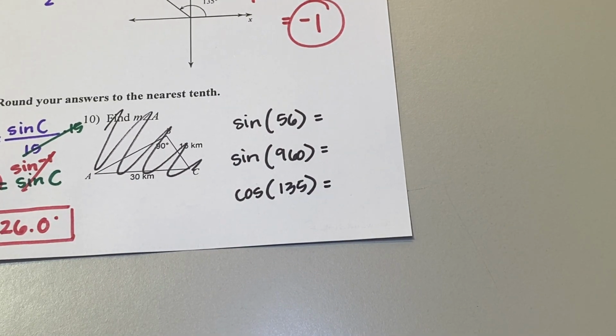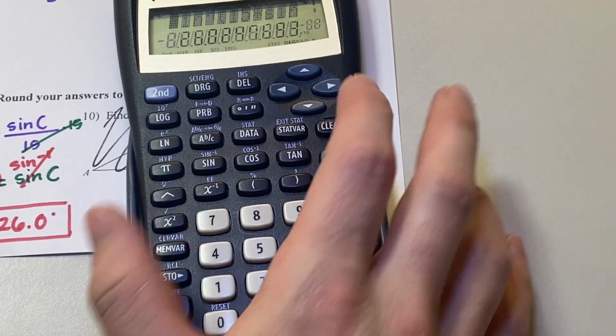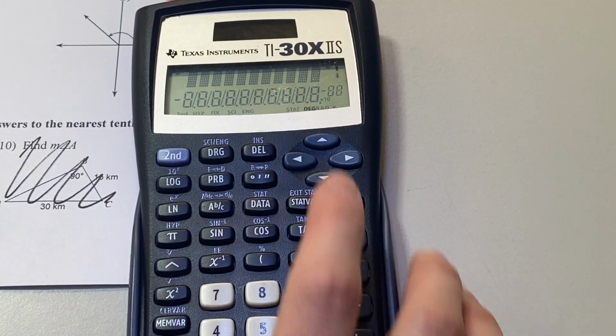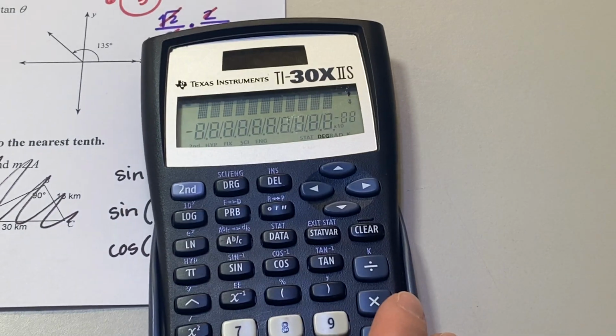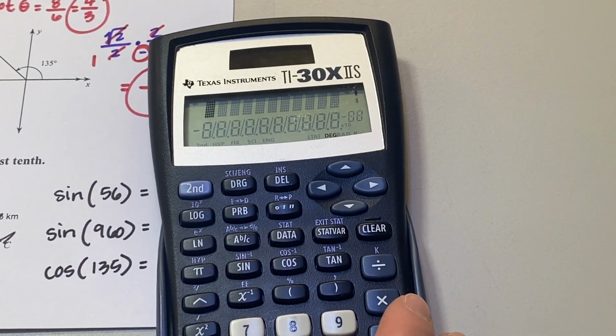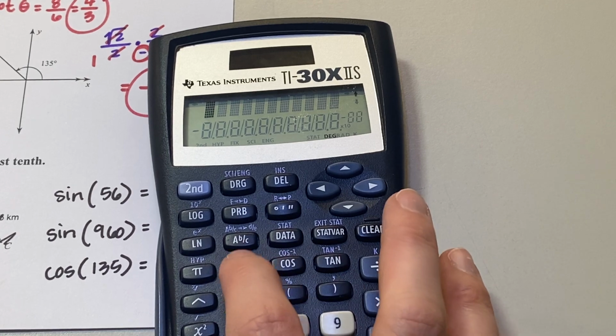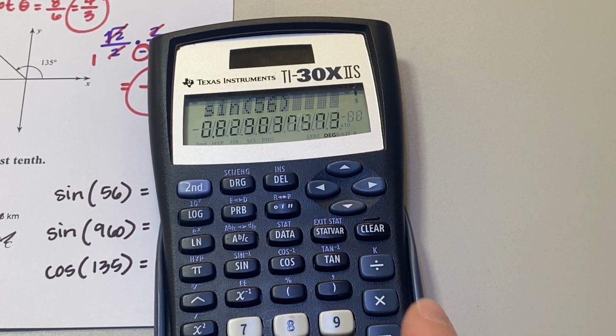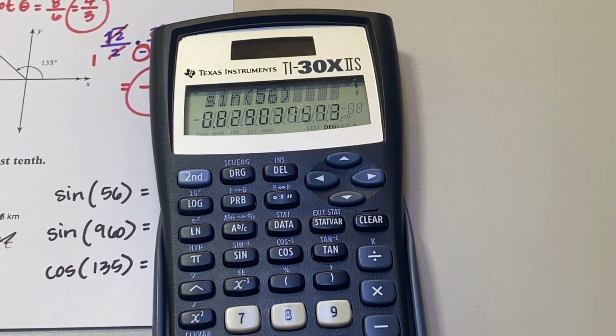There will be questions like this on your assignment and your review. All you need to do with these is grab your calculator. Make sure you see the little DEG mode right here. Then we're just going to type these numbers in. First it wants the sine of 56. Sine of 56. Enter.